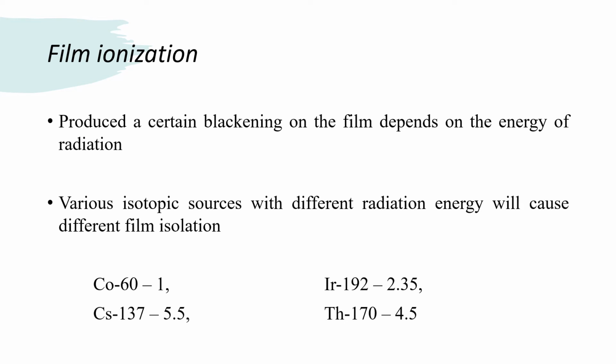Example, cobalt 60, that is 1, iridium 192, that is 2.35, caesium 137, that is 5.5, and thulium 170, that is 4.5. This is the film ionization.